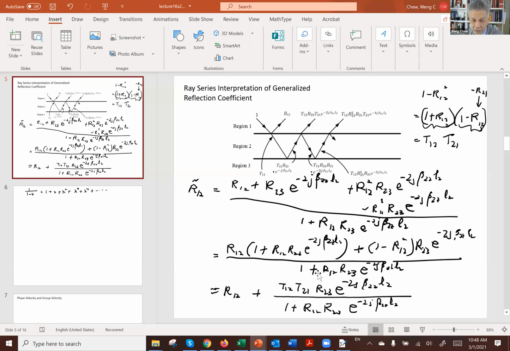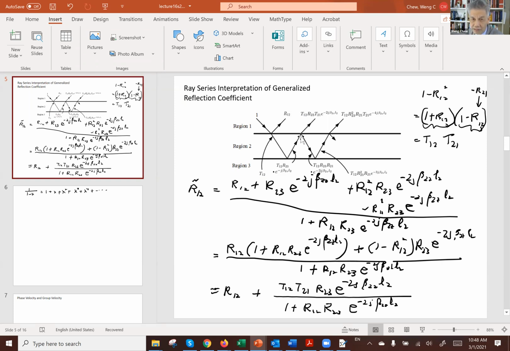Okay, and then the wave travels to interface 2, 3 and suffers a reflection coefficient R23, and then it travels another distance. So the total distance traveled by the wave is 2z L2, and it gains a phase factor, which is given by this.